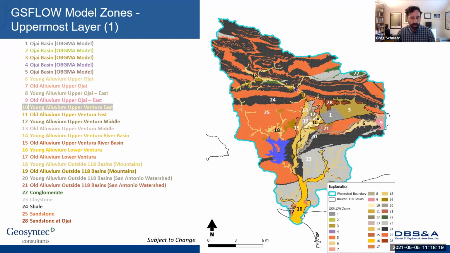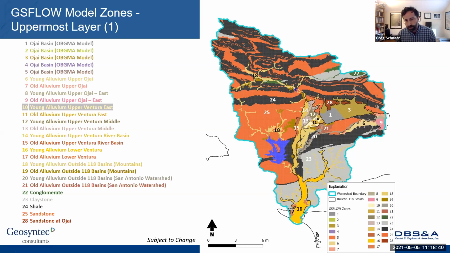Jordan can correct me, but I believe that's the model being used for their GSP efforts. And so we've maintained the zones we had in that model within OBGMA. So there's a different approach within Ojai because we wanted to benefit from all of the work that we had done to calibrate that model over the years.